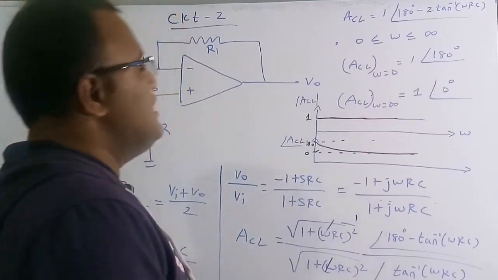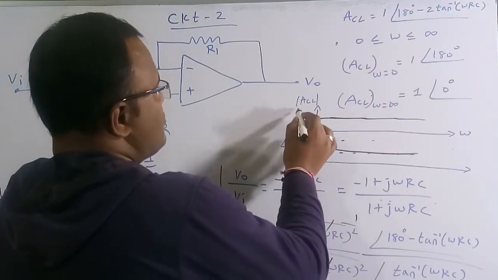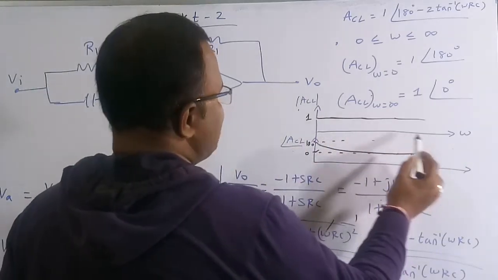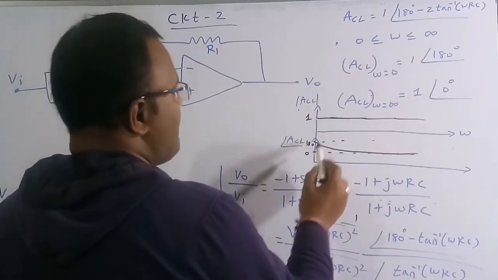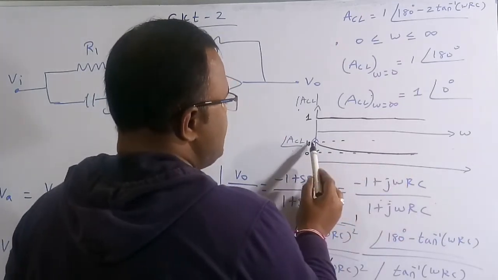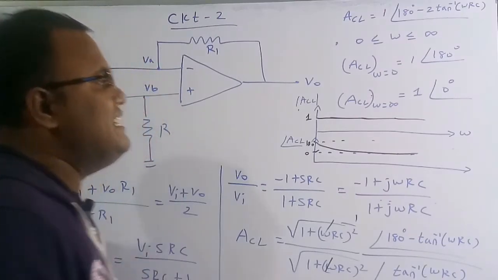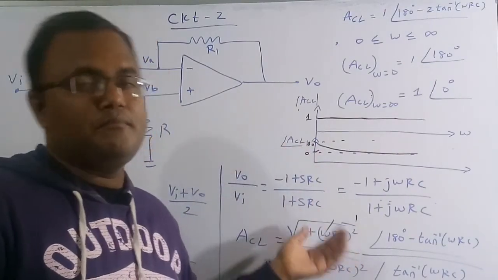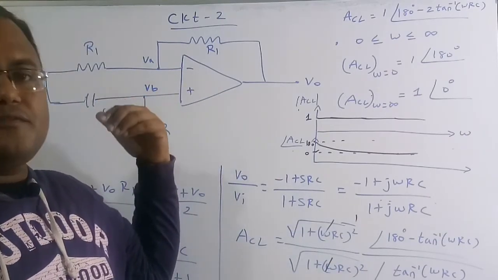So if you draw the diagram of the magnitude and also the phase with respect to omega, for all the frequency ranges the magnitude value is still 1, but the phase angle changes from plus 180 degrees to 0 degrees. So we can say this second circuit provides the positive phase shift, but circuit 1 provides the negative phase shift.